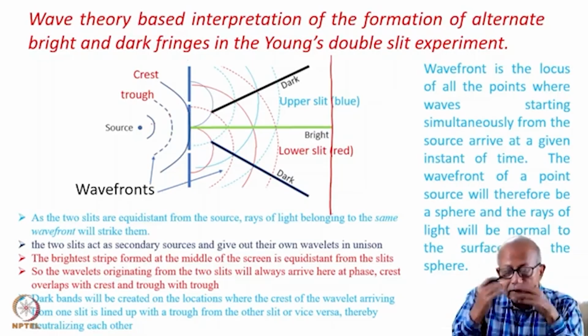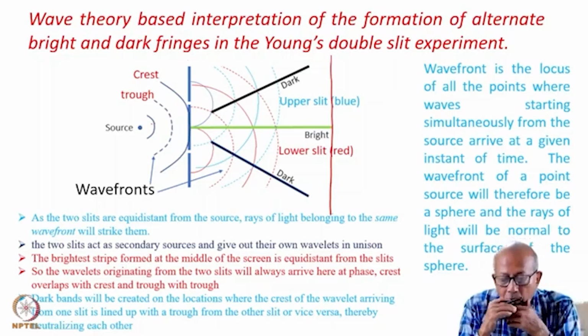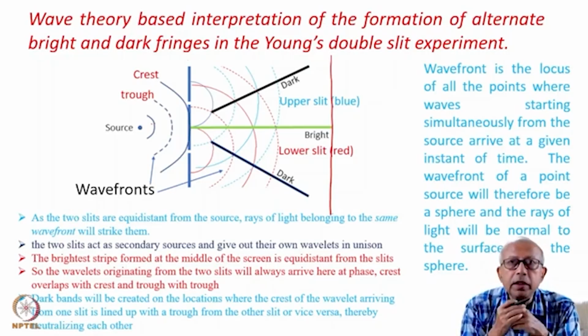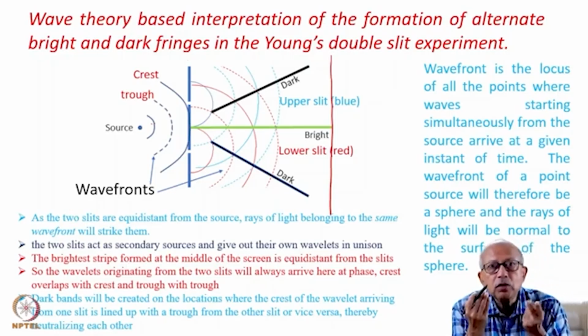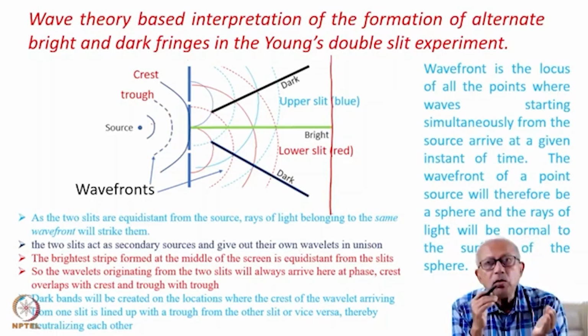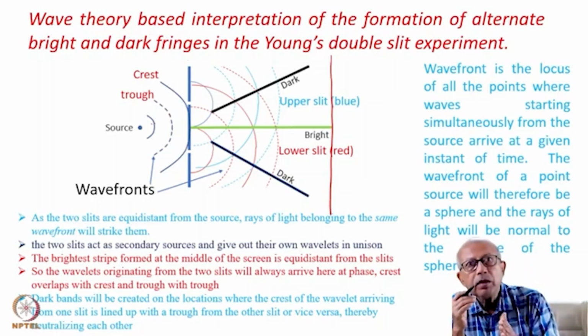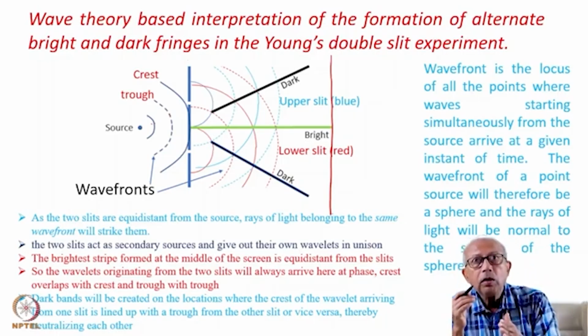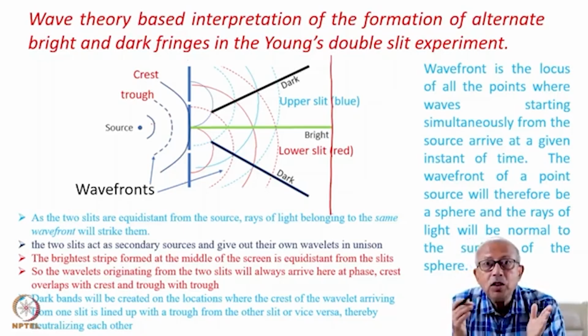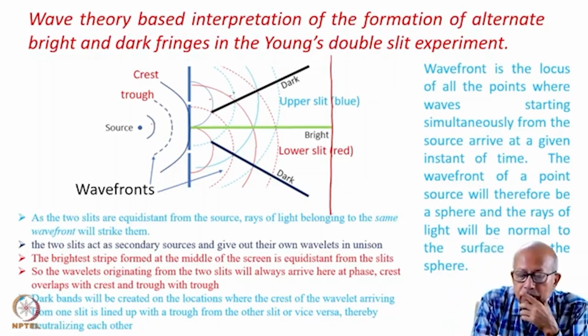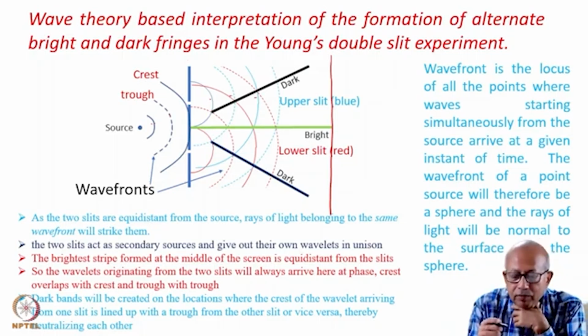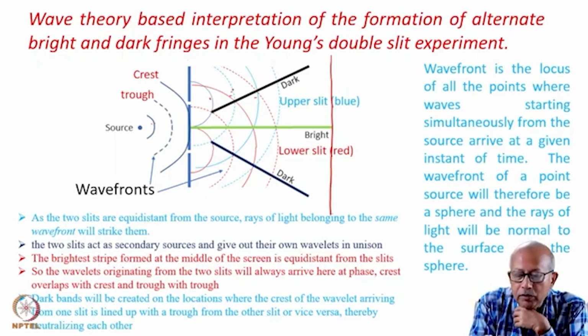Now, according to Huygens' wave theory, these two slits perform as two secondary sources and would emit their own sub-wavelets in unison, simultaneously. So these are the sub-wavelets emitted by the upper slit, with alternate crests and troughs.